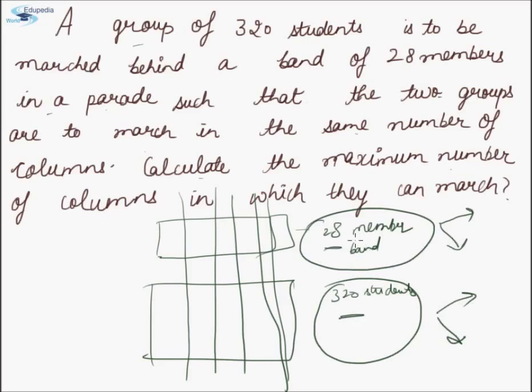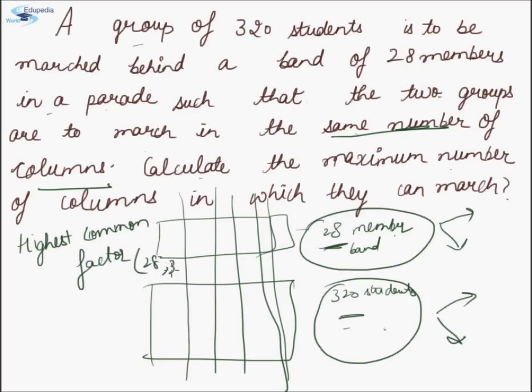And since both the groups are to march in the same number of columns, the value of those factors should be common to both these numbers, or in simple words, we need the highest common factor of 28 and 320.